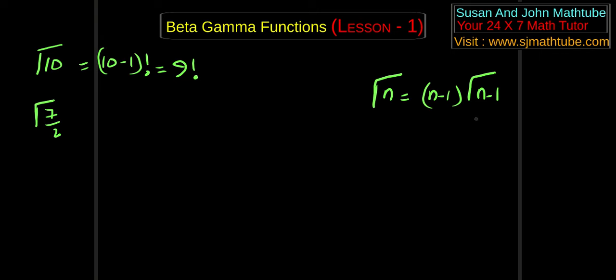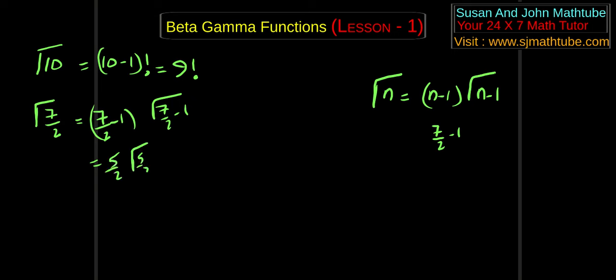If you use this, by the way, what is 7 by 2 minus 1? Think about it. 5 by 2. So what happens is you will get 7 by 2 minus 1 gamma 7 by 2 minus 1, and that gives me 5 by 2 gamma 5 by 2.